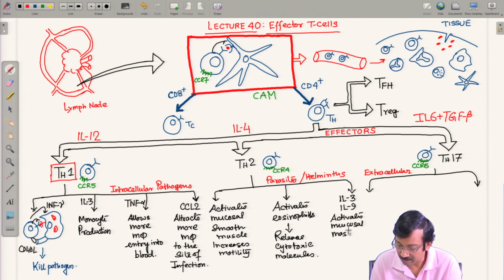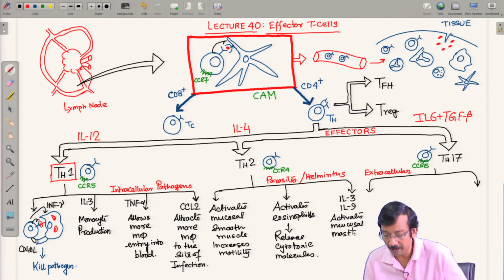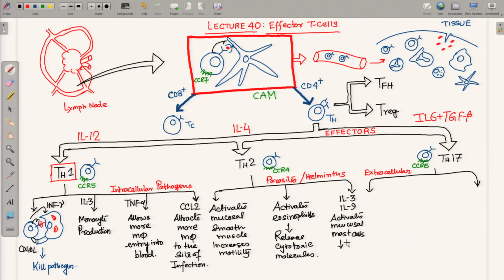The mast cells, this is another mechanism. So this is another mechanism of amplification of the signal. They can activate the mucosal mast cells, and those mast cells are granulocytes.